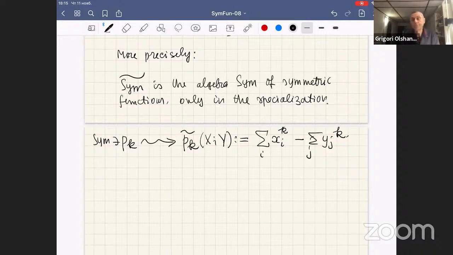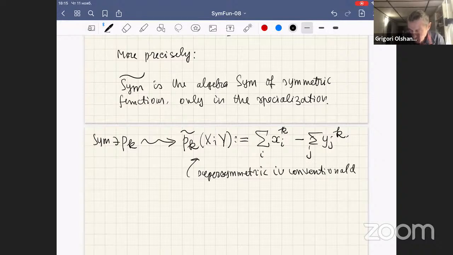This just mimics the modified Frobenius coordinates A and B. These are supersymmetric in the conventional definition, or supersymmetric in x and y in my definition.